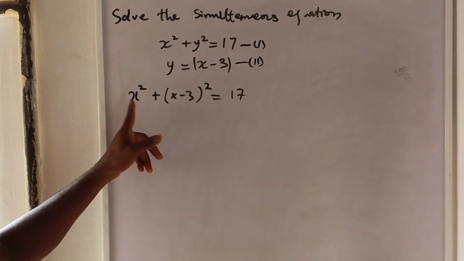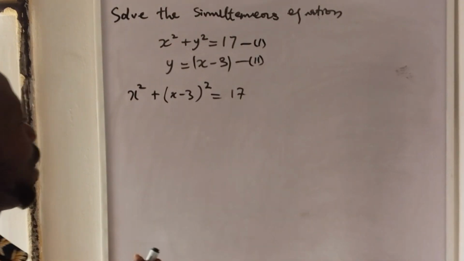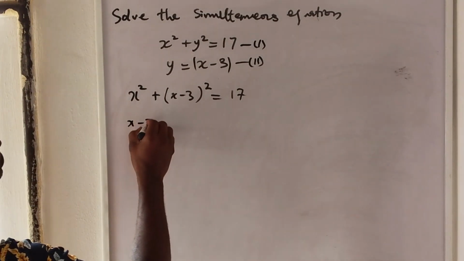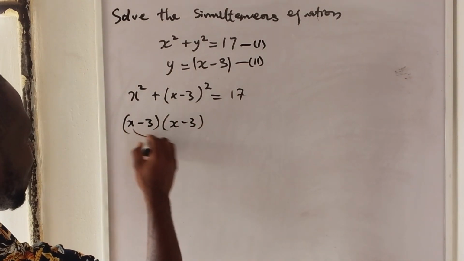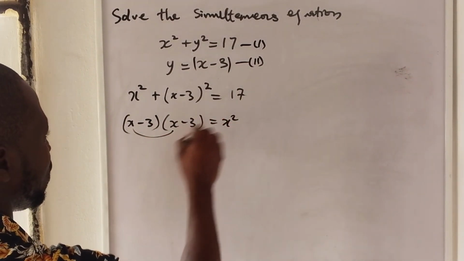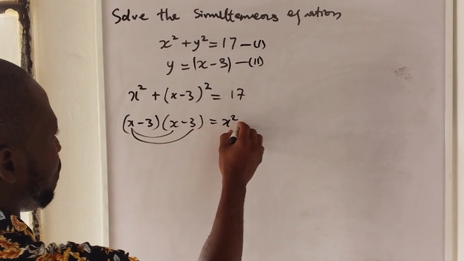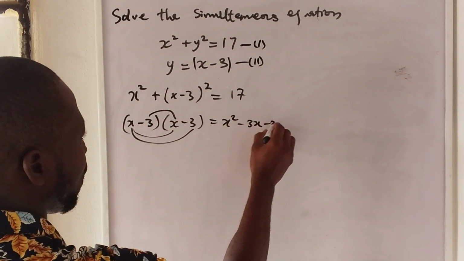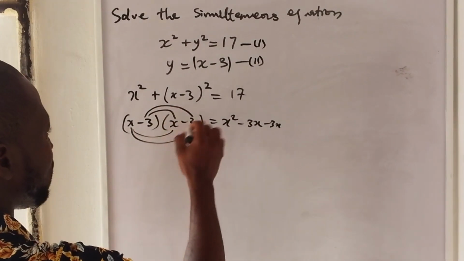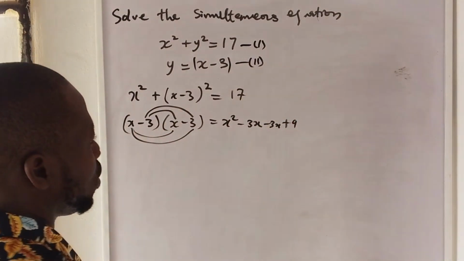Doing that, you know that x minus 3 squared is x minus 3 times x minus 3. So when you expand it, x times x is x squared, x times minus 3 is minus 3x, minus 3 times x is minus 3x, minus 3 times minus 3 is plus 9.